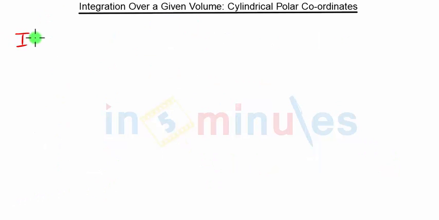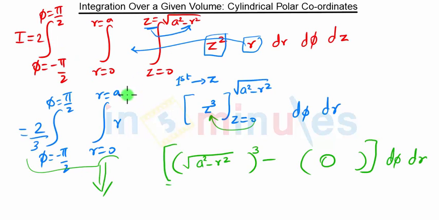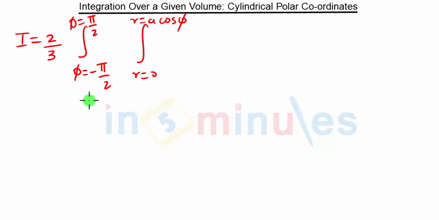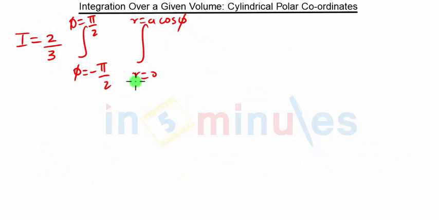So our integration will become 2 by 3 times the integration of phi going from minus pi by 2 to pi by 2, r going from 0 to a cos phi. Then we have r into root of a square minus r square the whole cube, dr d phi.